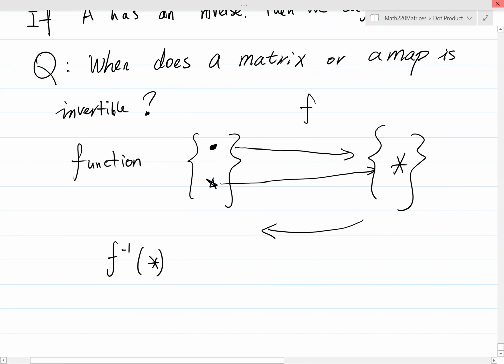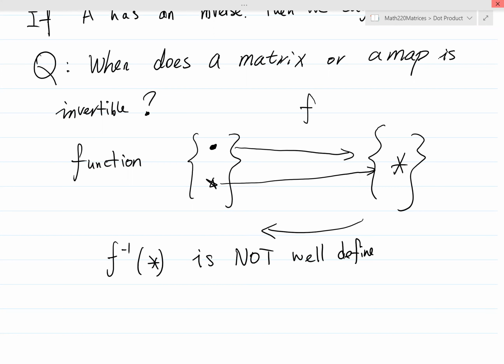So this is not well defined, because we have to make a choice. One person may use one choice and another person may use a different choice. So there's no universal conclusion. It is not natural, so we cannot define the inverse uniquely.